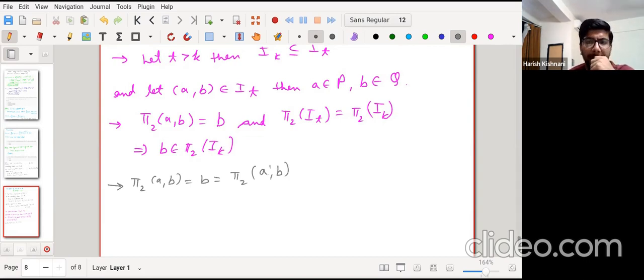But what is the motive? Okay, so like this is inside your IK, or let me write like this. This implies this.